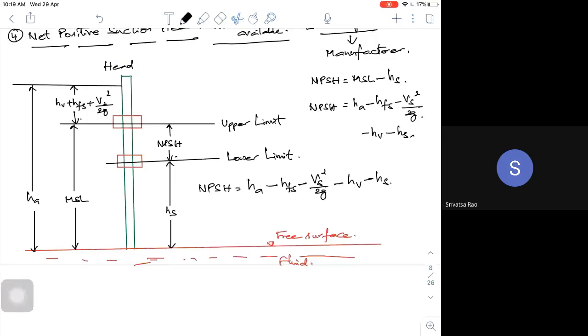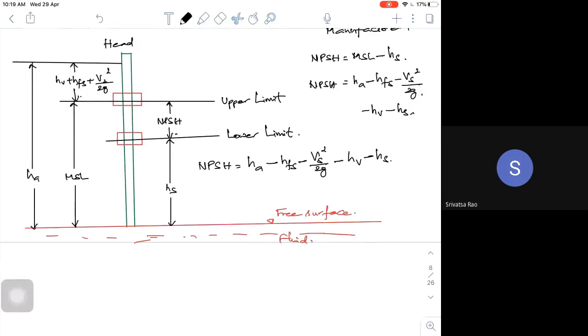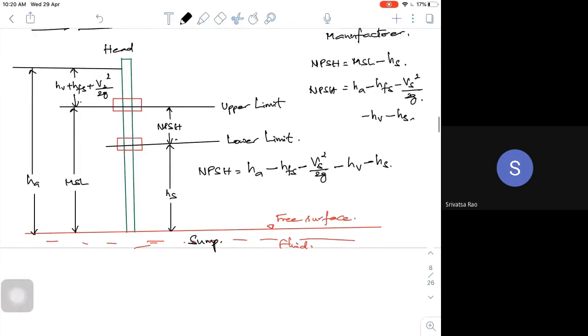This is your reservoir or sump, and the fluid is there. Now I want to place my pump. So I have the red box. This is your pump. This is the pump stand, maybe the base or something. This is also a pump.